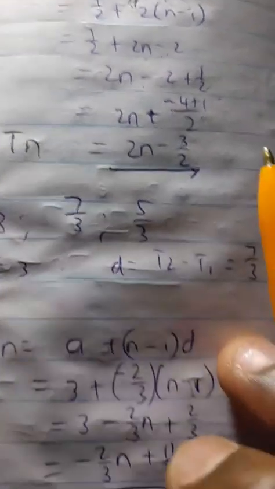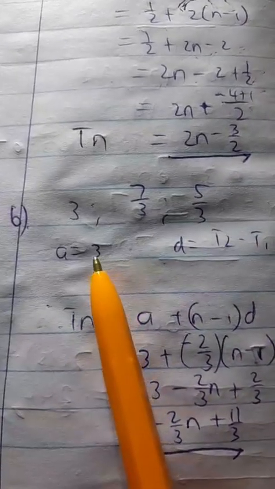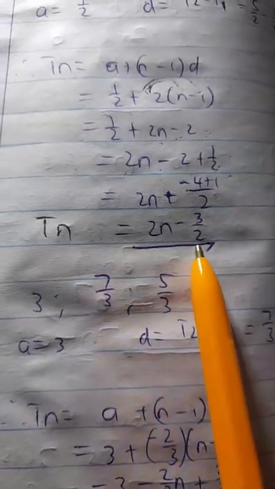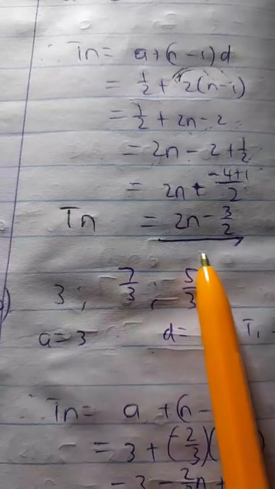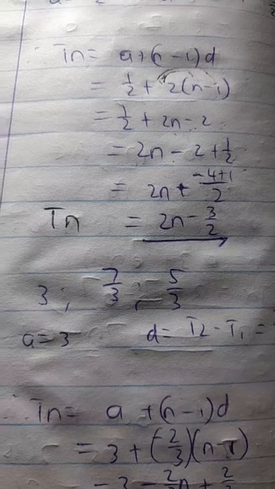So the fractions don't have to be a pain or a challenge, as long as you are able to utilize your beautiful calculator. It should be straightforward. So Tn is equal to 2n minus 3 over 2. Hopefully that is clear for everyone. Are we on the same page? I hope we are.